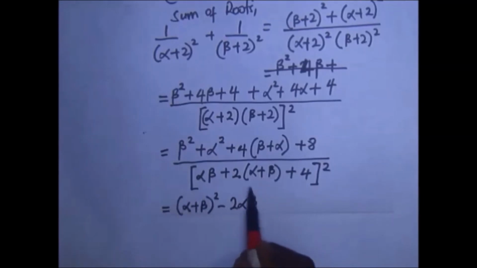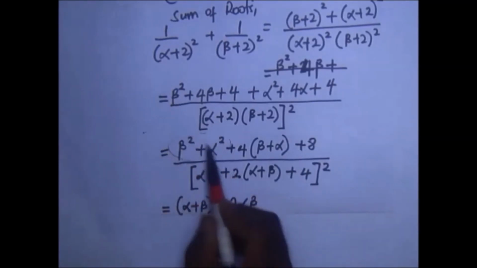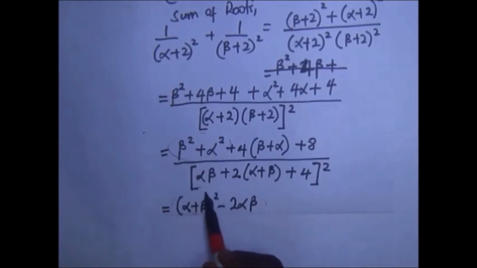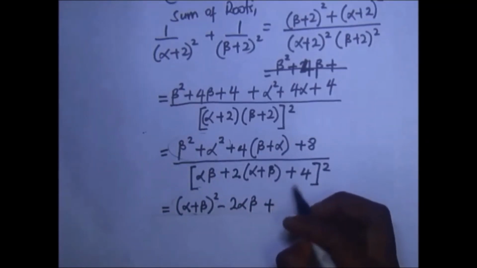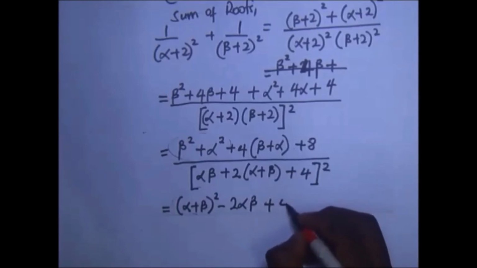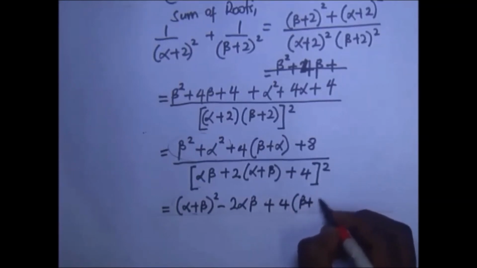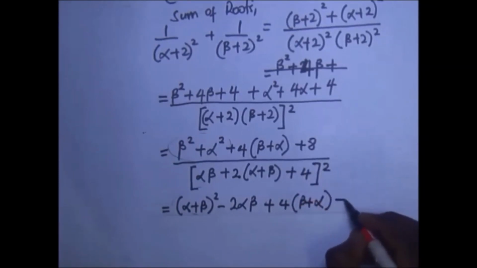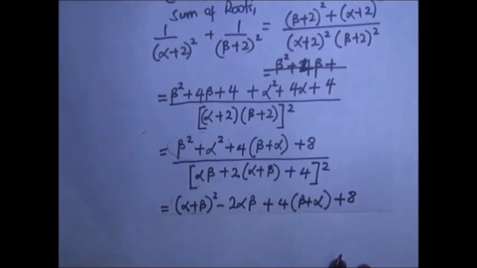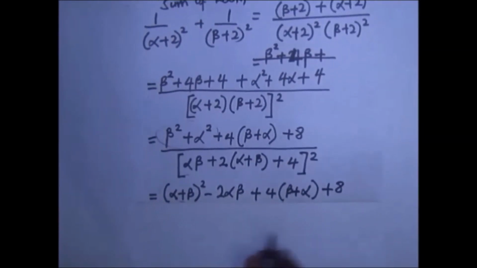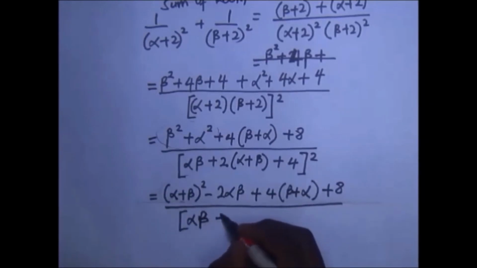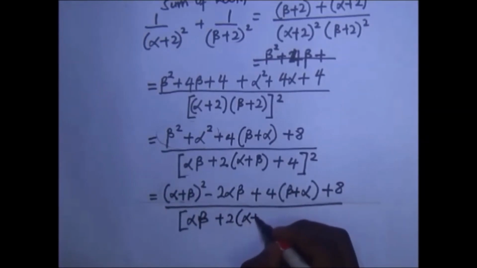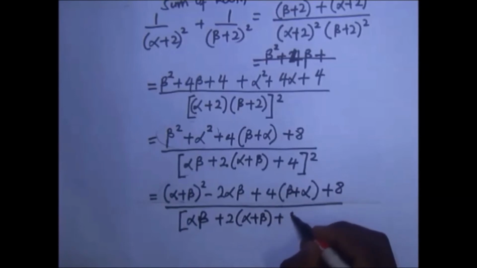This is equivalent to that. We derived it before, we shall not do that again. Plus 4 into beta plus alpha plus 8. Divide all that by alpha beta plus 2 into alpha plus beta plus 4, all that is squared.